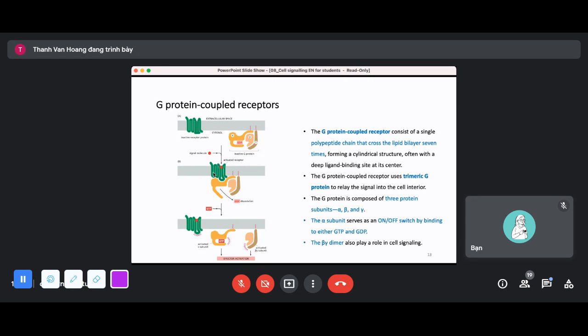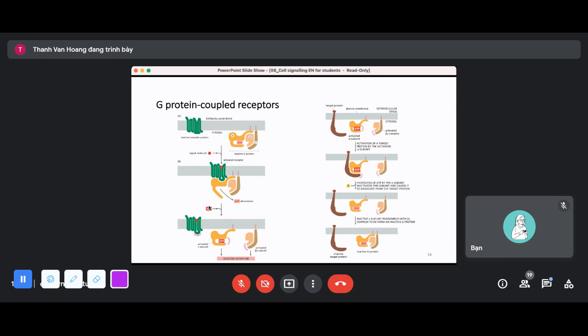When the alpha subunit interacts with the receptor, GDP is released. Because in the cells the concentration of GTP is high, GTP binds automatically to the alpha subunit and activates the alpha subunit of the G protein.